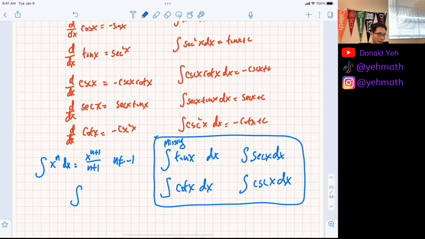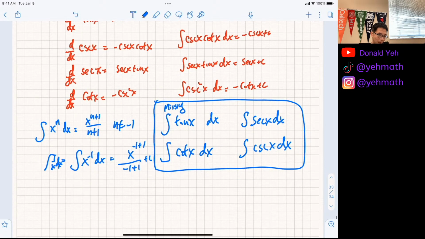The reason is x to the -1, which is 1 over x, would be x to the -1 plus 1 over -1 plus 1 plus c. So that's going to be x to the 0 over 0 plus c, and that's not defined. If this is not defined, there's got to be another way to take the integral. And in order for you to take the integral, you need a logarithm integration.